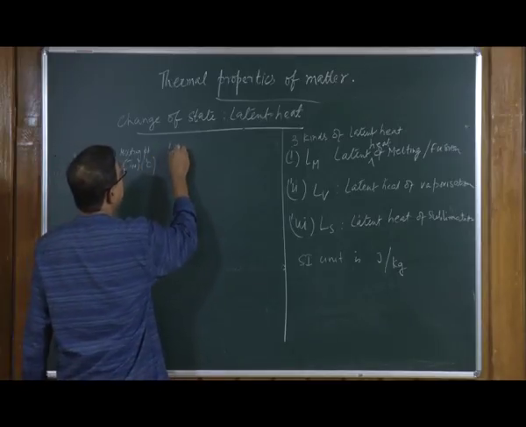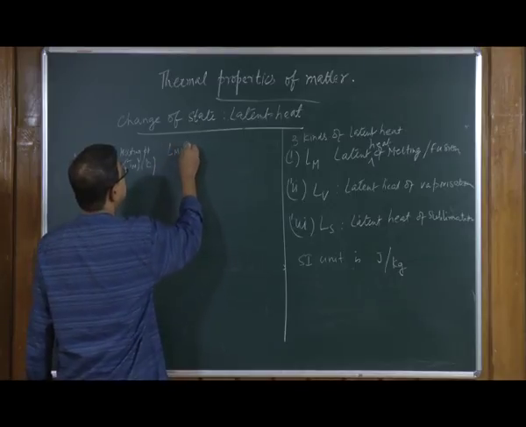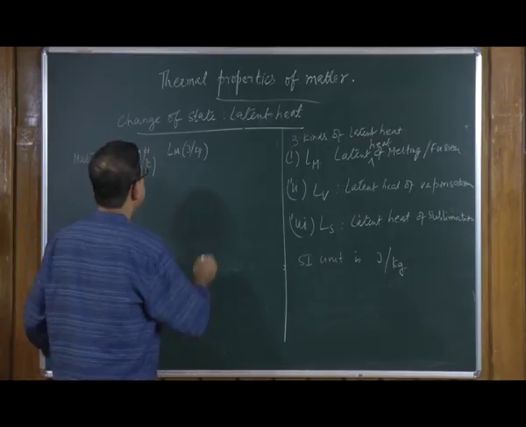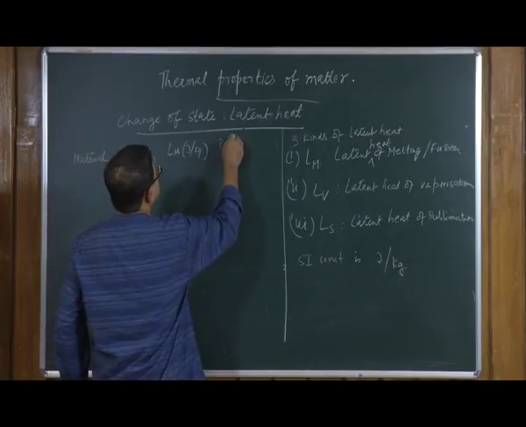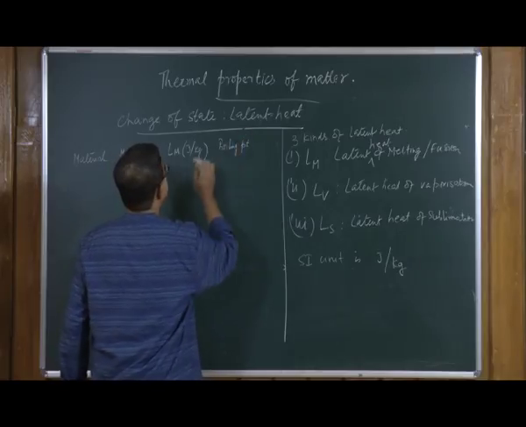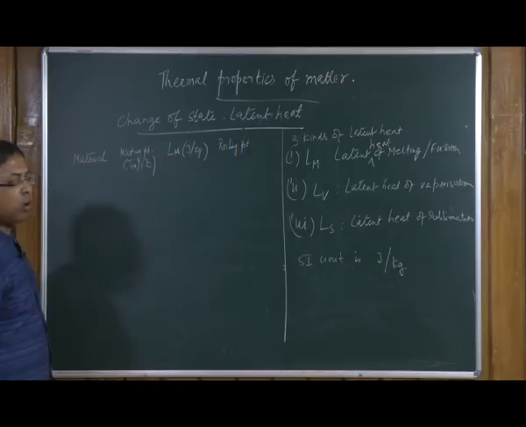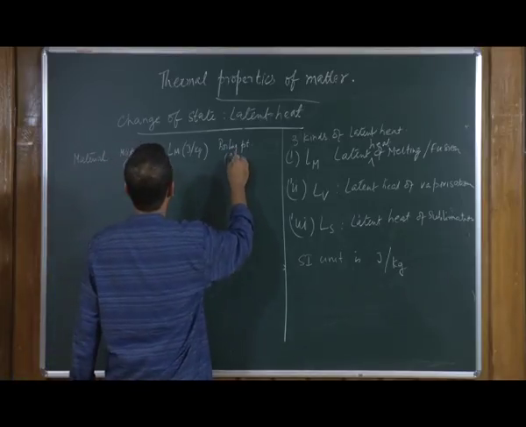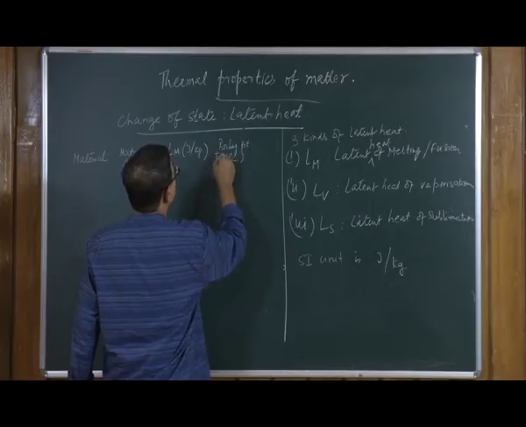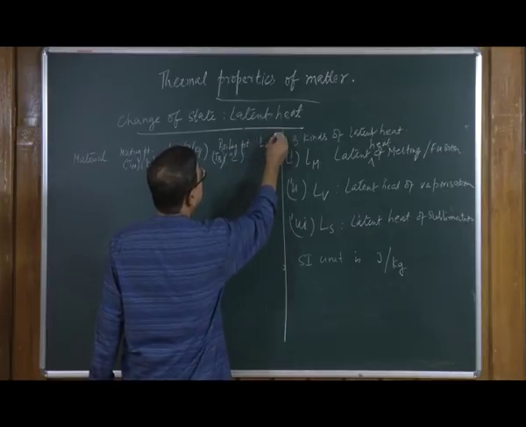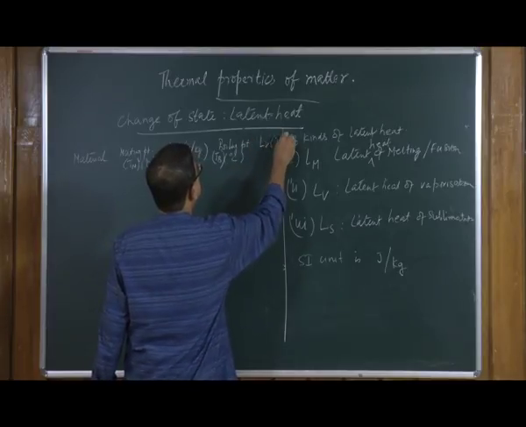Now, Lm is the latent heat of melting in joule per kg, and let us also record the boiling point, Tb, again in degree centigrade, and now Lv, again in joule per kg.